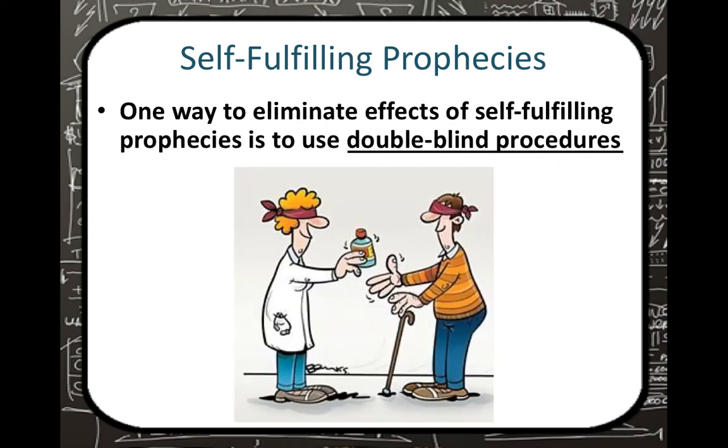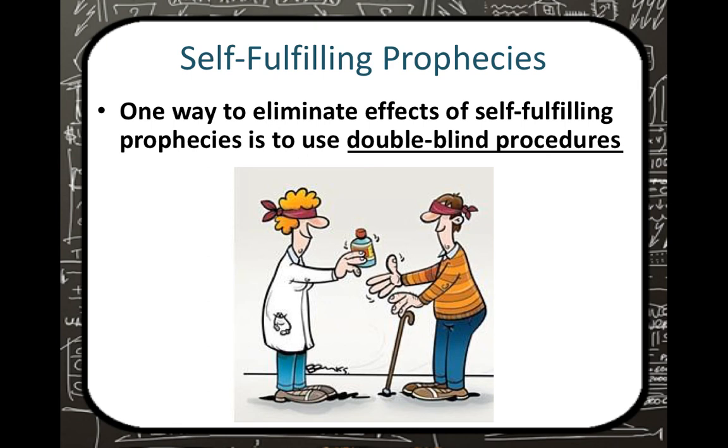So one way of eliminating the effects of self-fulfilling prophecies is with double-blind procedures or double-blind studies. If we have a single-blind study, that means that the participants in the study don't know what group they're in, right? They don't know if they're getting medication or if they're getting a placebo. However, maybe the person running the study, the doctors, are like, oh, this medicine is totally going to work.